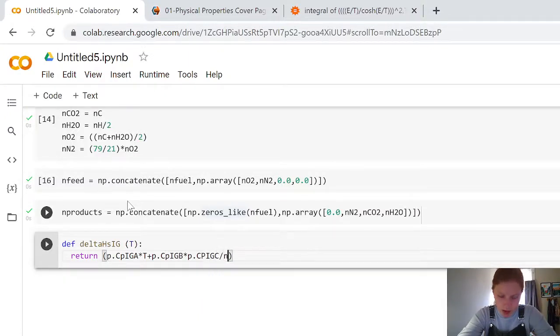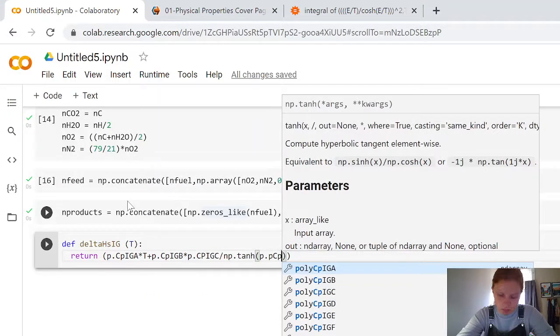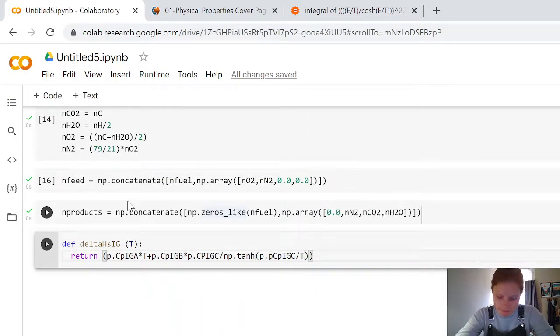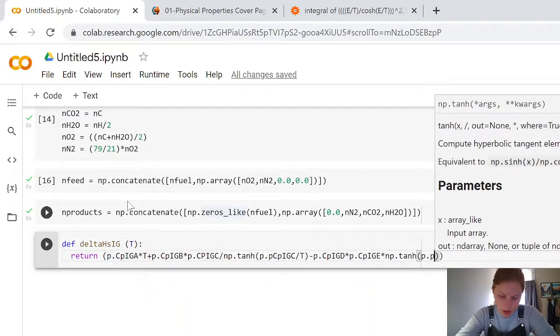C divided by, it was the hyperbolic tangent times coefficient C divided by T minus coefficient D times E times hyperbolic tangent of P dot, why do I keep doing that?